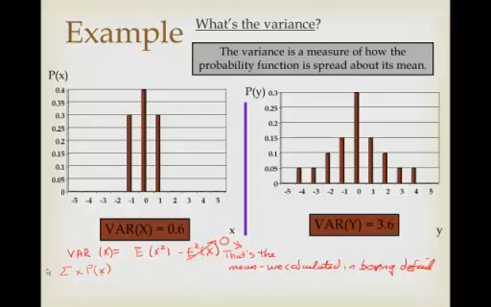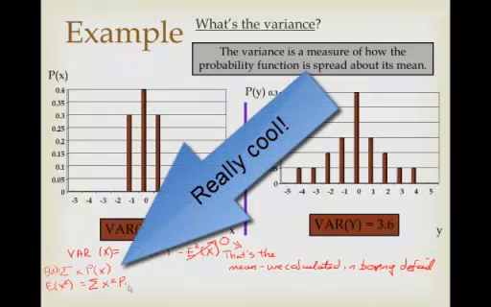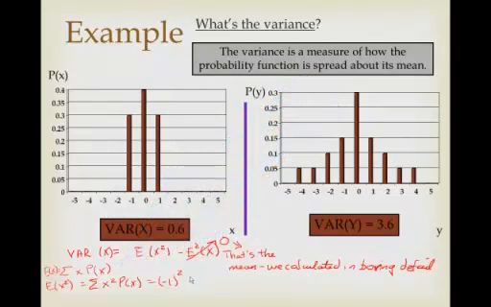So E of x squared has got to be the summation of x squared times the probability of x. In this case, it's going to be minus 1 squared times 0.3, plus 0 squared times 0.4, plus 1 squared times 0.3 again.